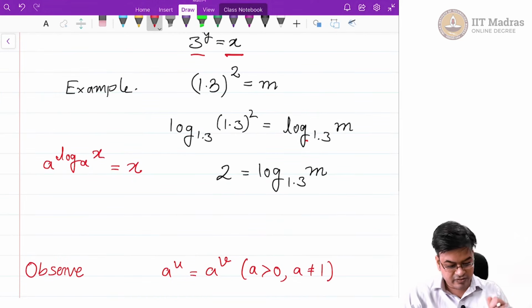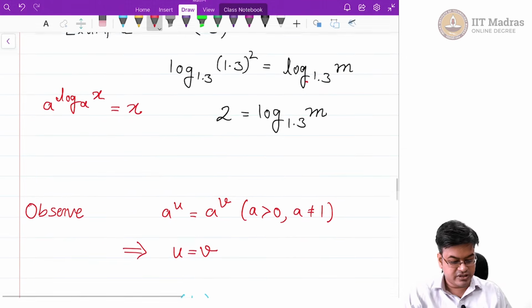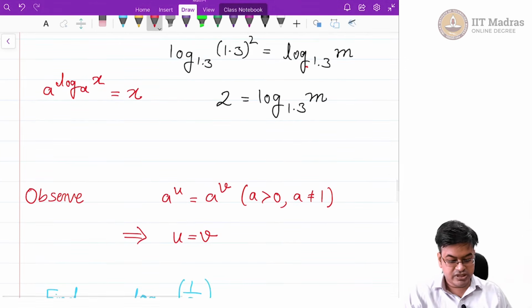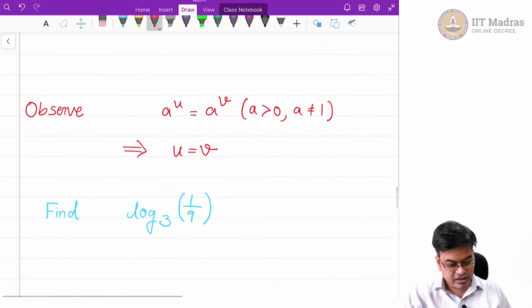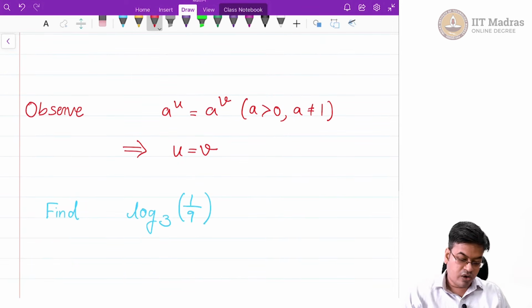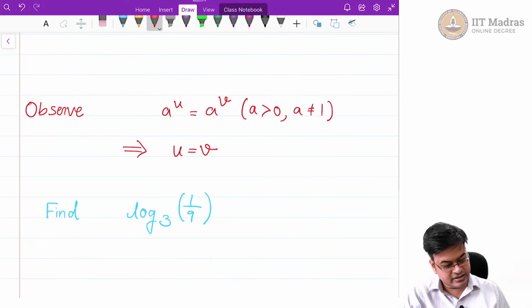And here the fact that we have used is a raised to u is equal to a raised to v, for a greater than 0 and a not equal to 1, implies u is equal to v. If you use this fact and you are asked to find the log to the base 3 of 1 by 9, then you can easily find it. Let us see how.